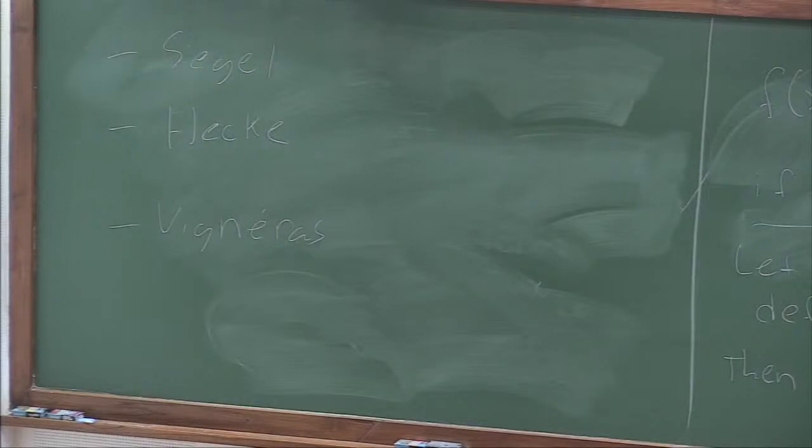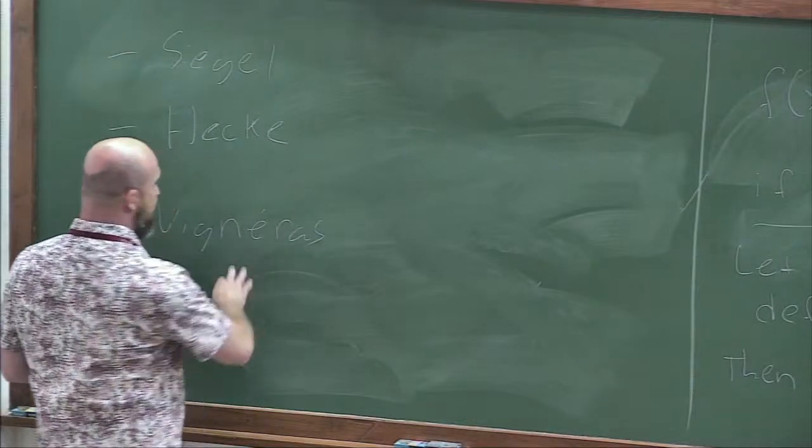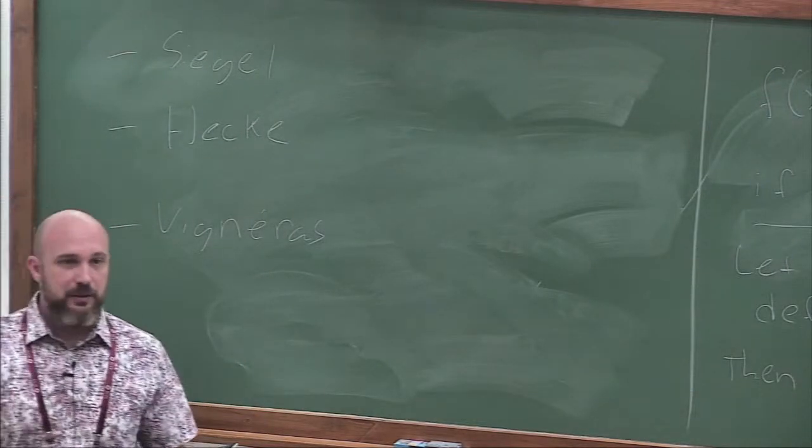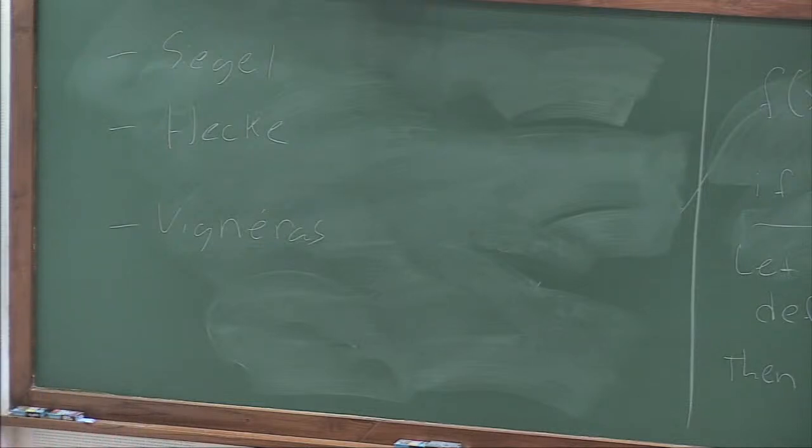Vignéras has a very strong theorem from the 70s. In fact, almost all that Zwegers writes about indefinite theta functions is incorporated in Vignéras' work. Zwegers was not aware of Vignéras' work when he wrote his thesis.